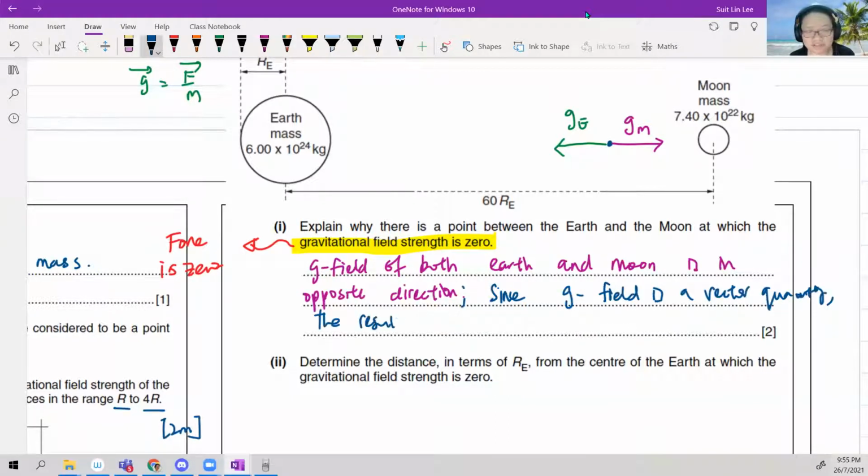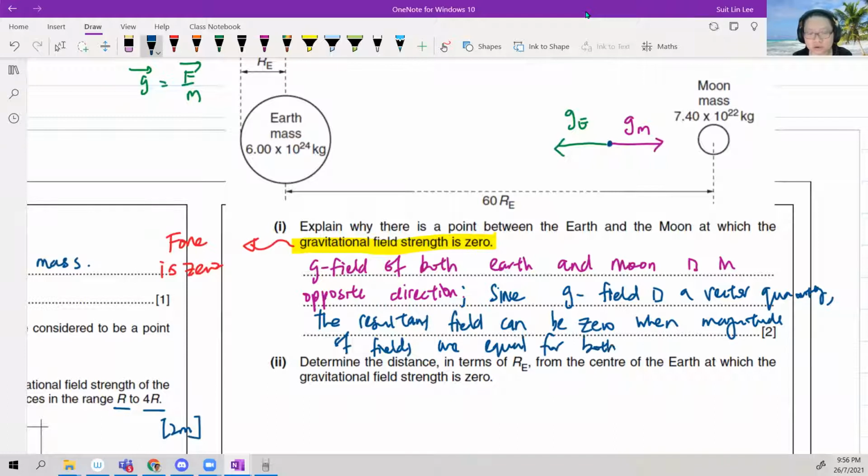The resultant field can be 0 because you subtract, when the magnitude of the fields are equal for both Moon and Earth.